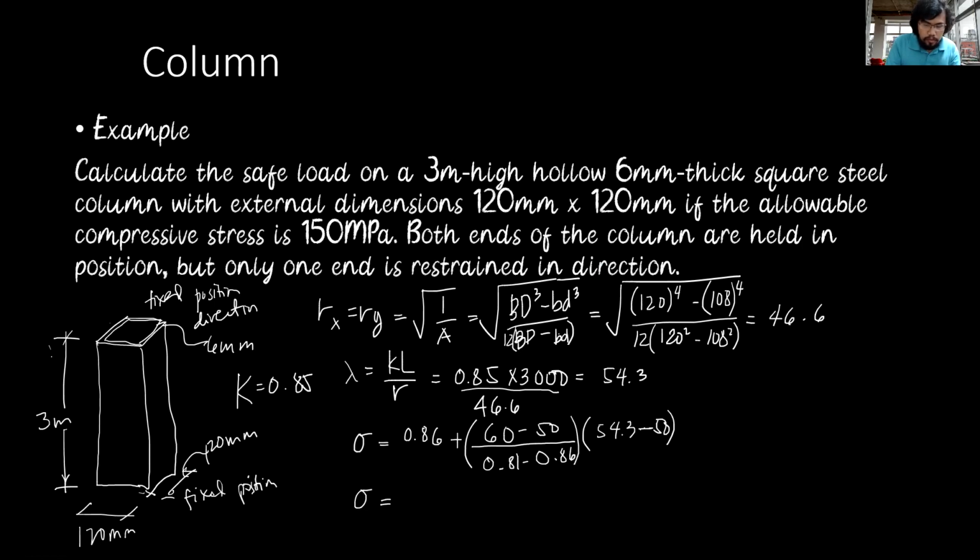That's how to interpolate. 60 minus 50 times 54.3, or 4.3 times 10 divided by 0.81 minus 0.86.